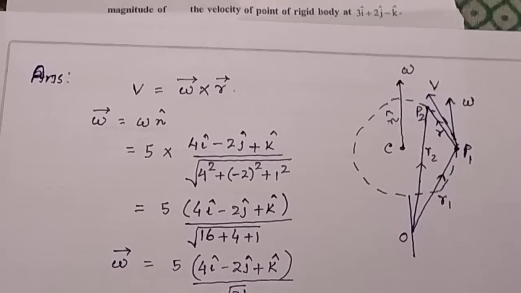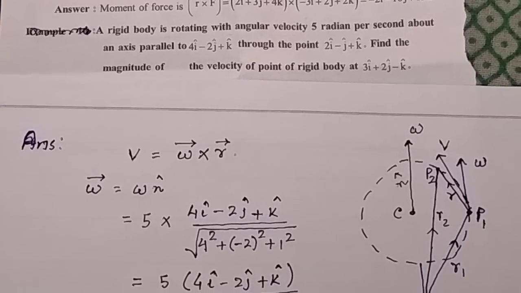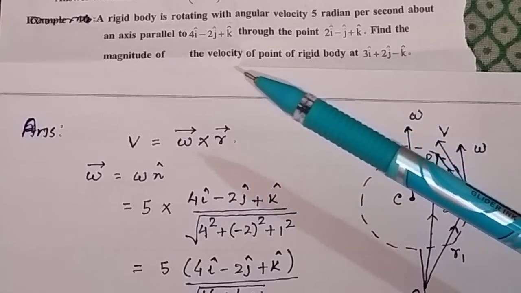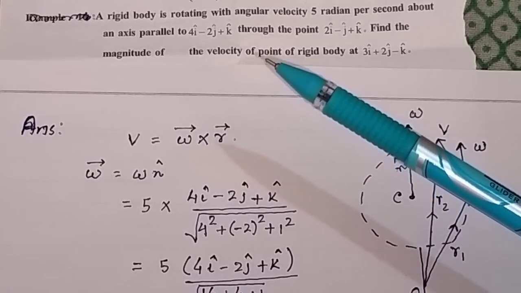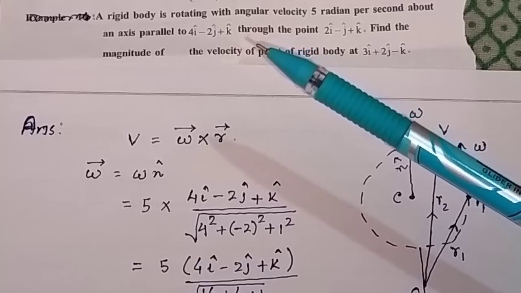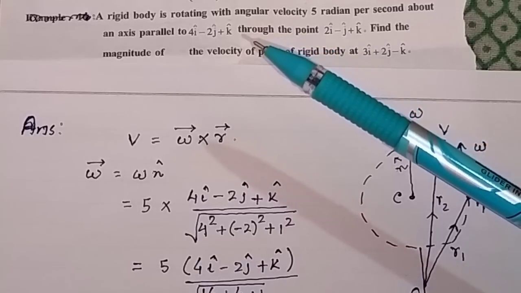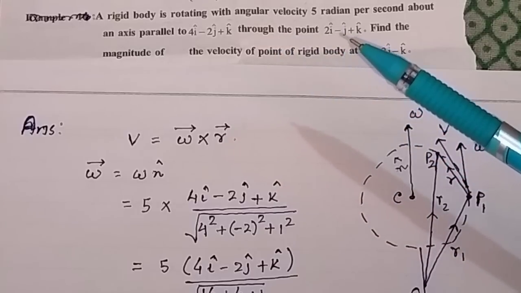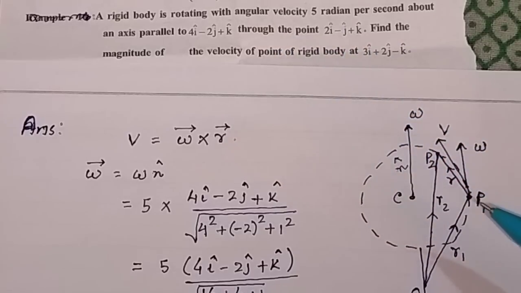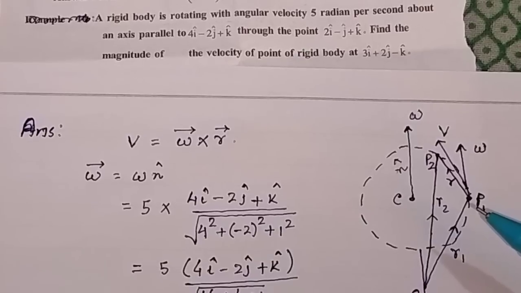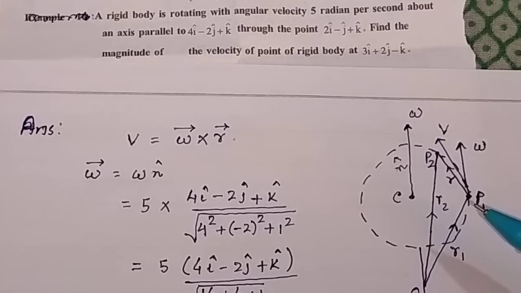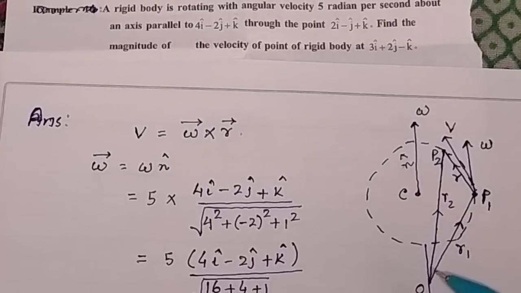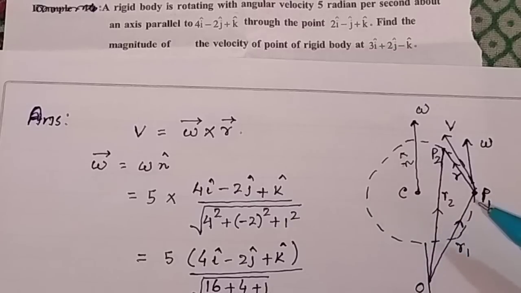But in the question it is given to find out the magnitude of the linear velocity, and it is given that the rigid body is rotating about a vector parallel to this through a point 2i cap minus j cap plus k cap. Suppose this is the point, and the position vector of this point, let us say, is r1.